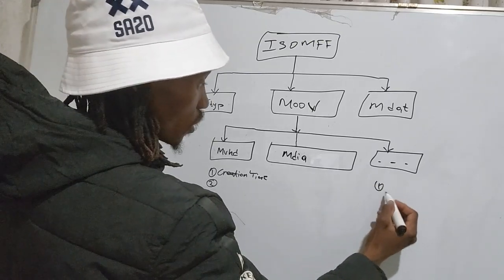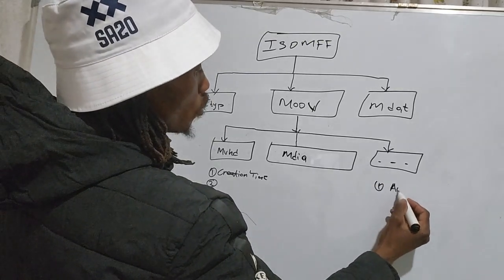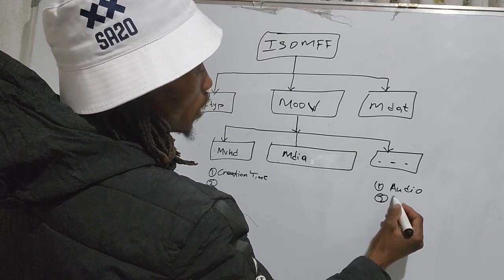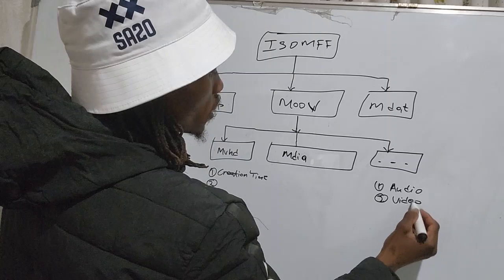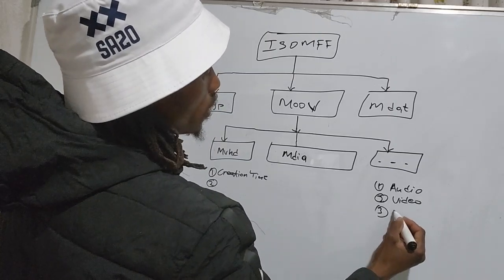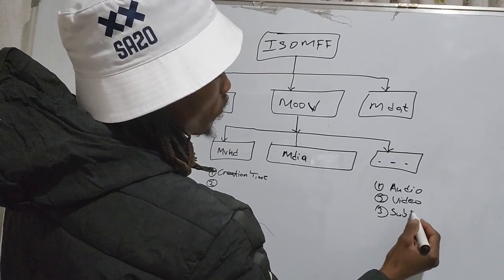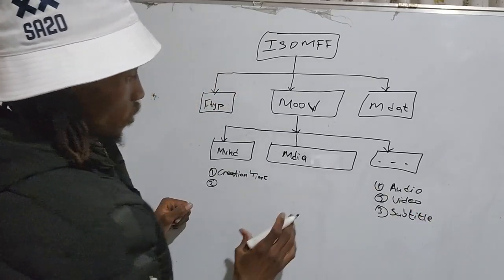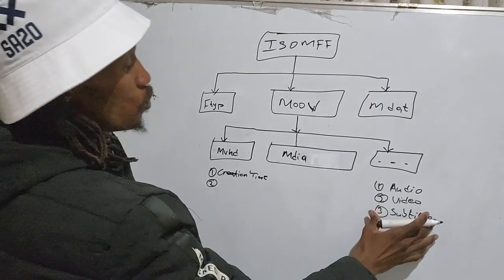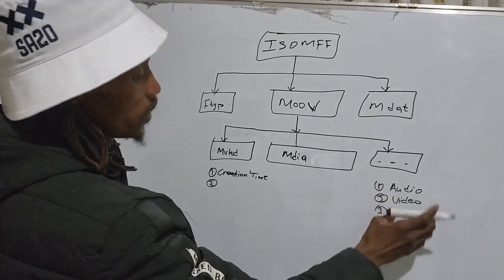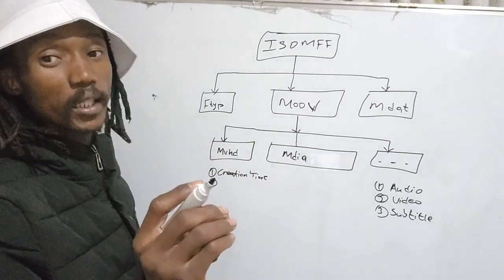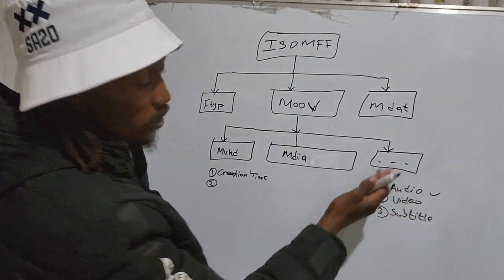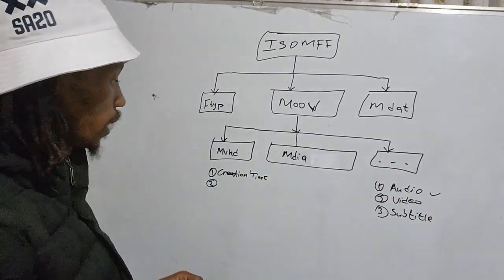One track normally would be audio, and the second track would be video which contains the visual, and the third track is the subtitle. So an MP4 file may be composed of these three tracks. Does that make sense? It doesn't have to contain three tracks, but it should at least contain one track. But normally MP4 files are video and audio together.